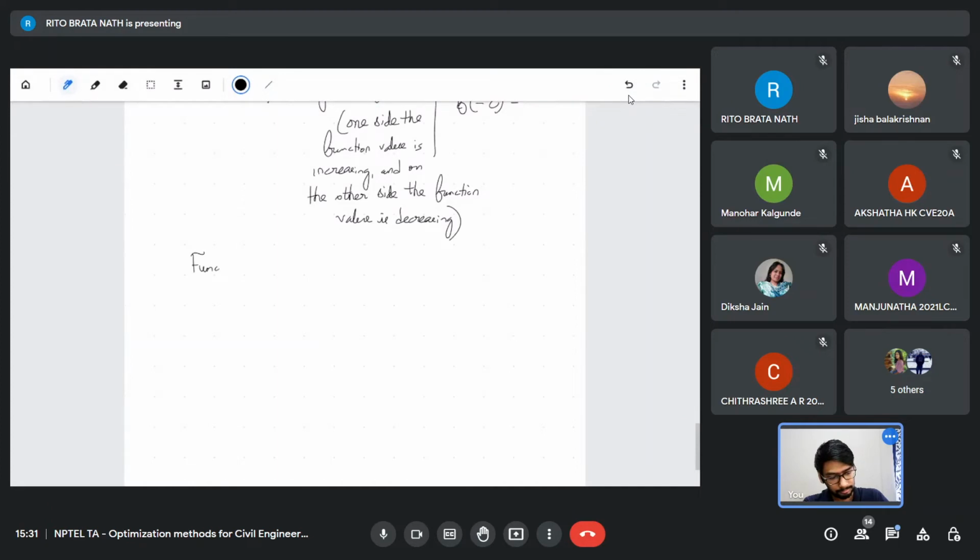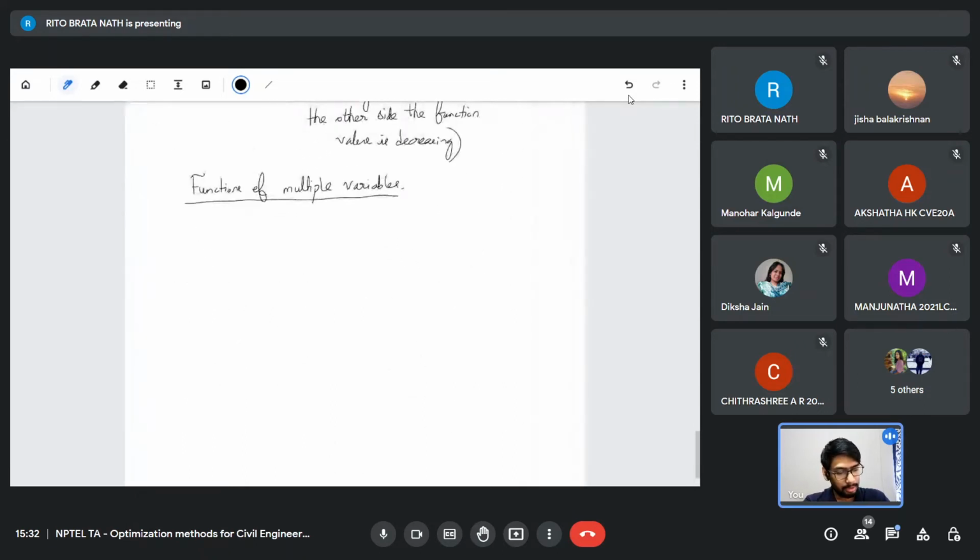Now, suppose f is a function of x and y, a two variable function. Suppose I write it down as say x square plus y cube.